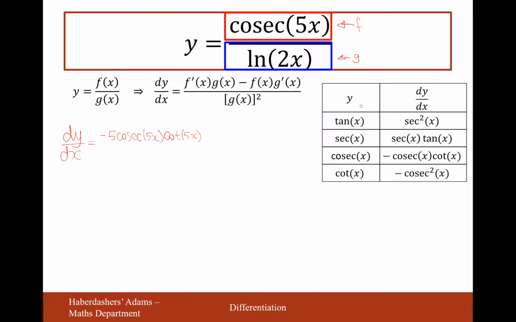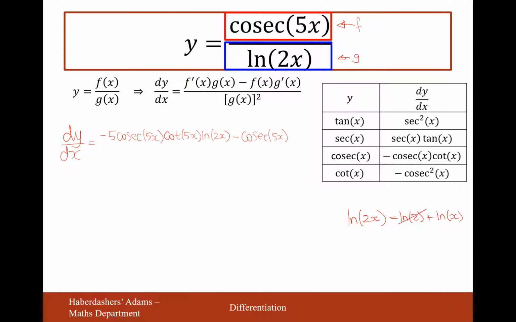Then that's going to be multiplied by the g function, that's ln 2x. And then we're going to take away the f function, that will be cosec 5x, multiplied by the derivative of the ln 2x. Now remember, ln 2x is dealt with like this. We split it up into ln 2 add ln x.